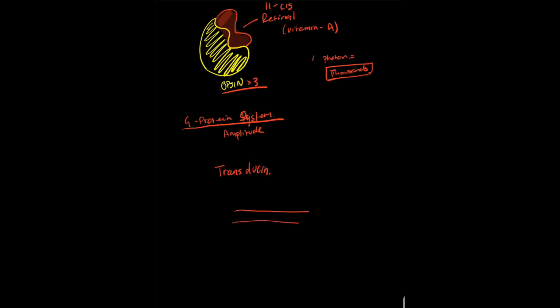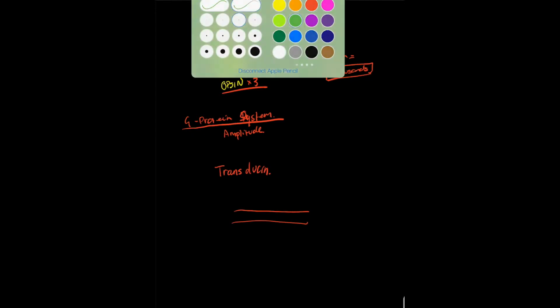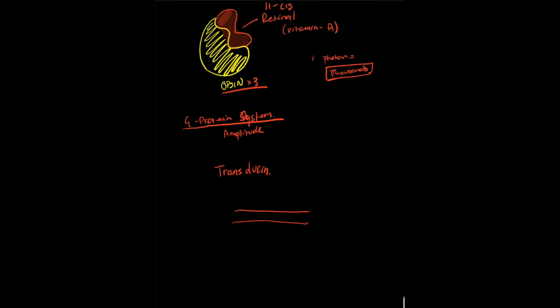Now transducin is associated with these molecules. We just talked about rhodopsin, which is this whole molecule: the opsin part and the retinal part together are called rhodopsin.